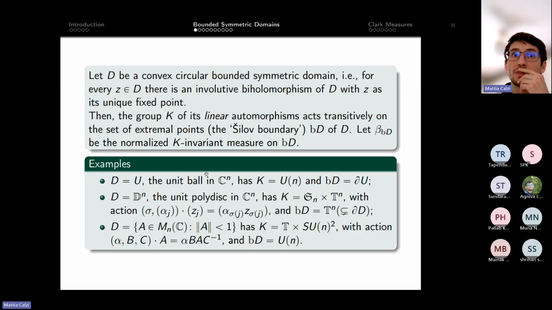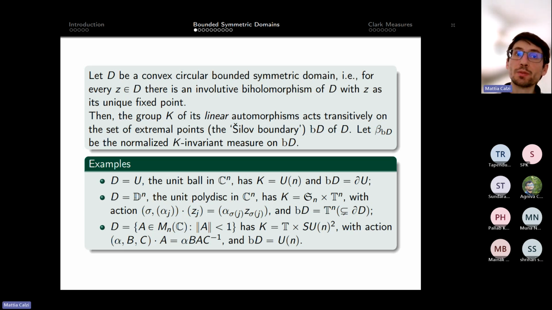And here are some examples. The first one is the unit ball of C^n. This is a bounded symmetric domain. In this case, K is equal to the unitary group, and the Shilov boundary is simply the whole boundary.